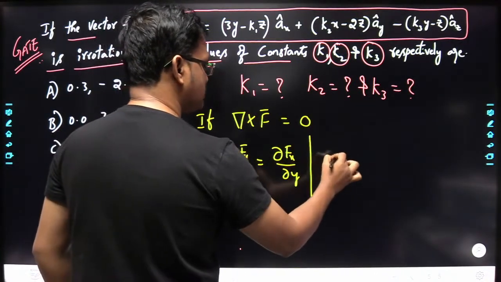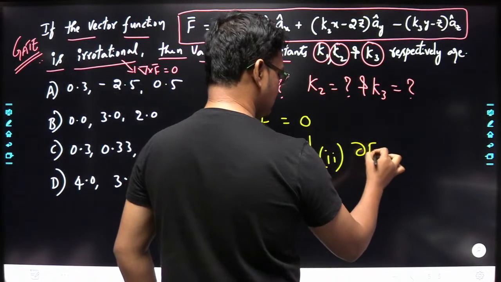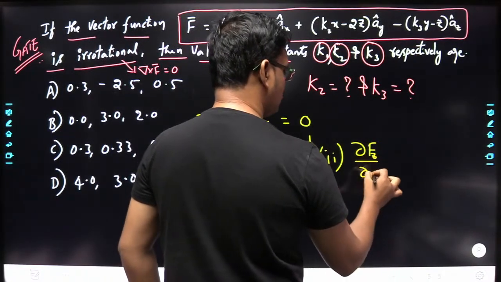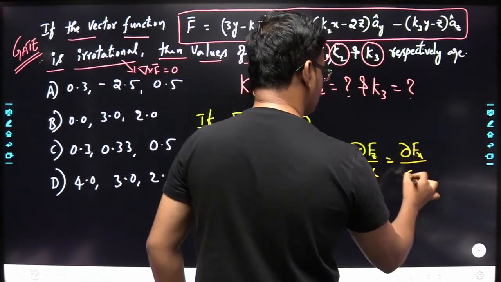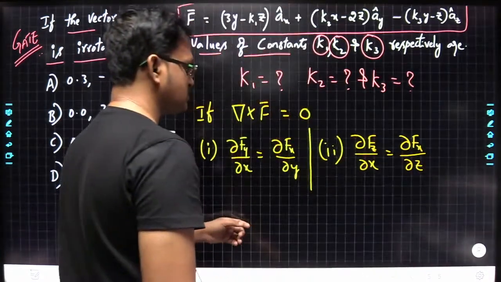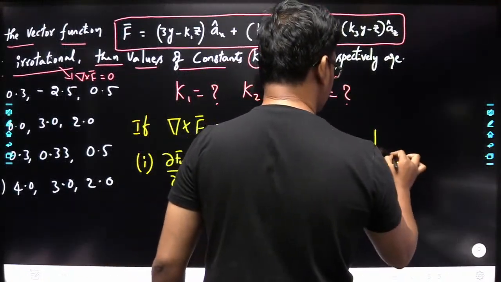The second condition: differentiate the z component with respect to x; this must be equal to differentiating the x component with respect to z.